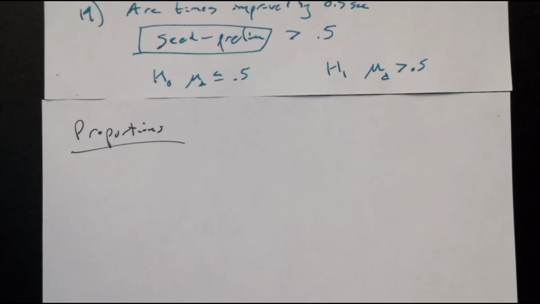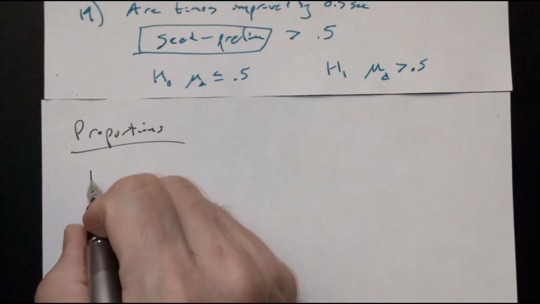If I can do it for means, I can do it for proportions. Okay, wait a minute. This means I've got two population proportions.